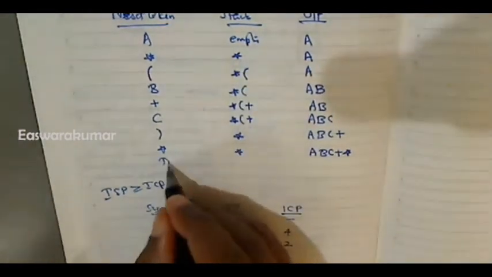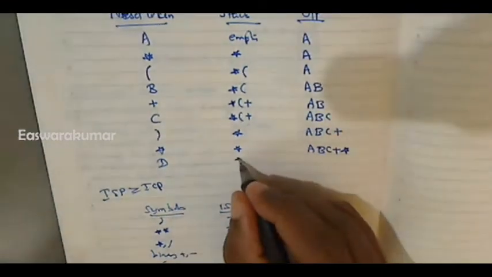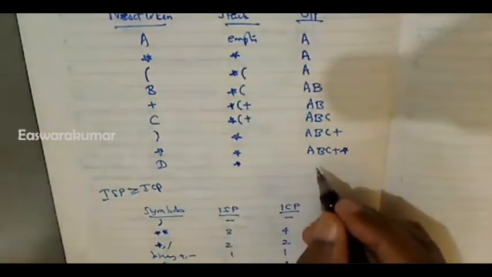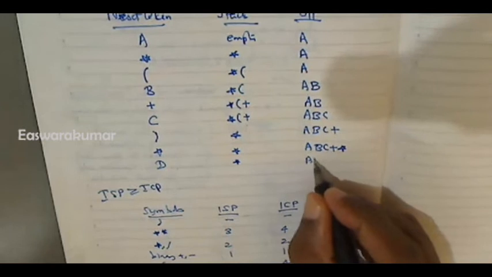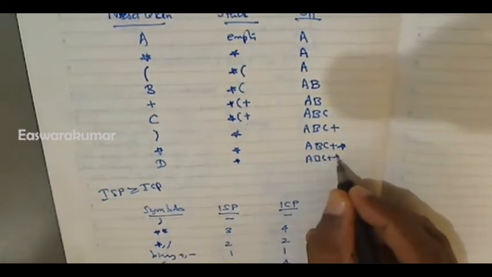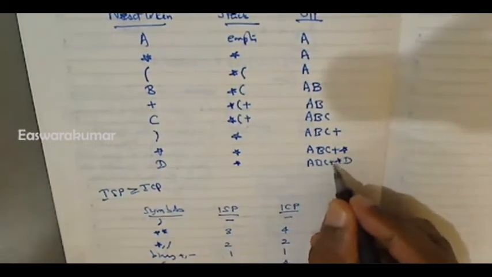These two are different. Now after the star, you get operand D. Your stack has no change, but we write the operand at the rightmost side. So plus star this.